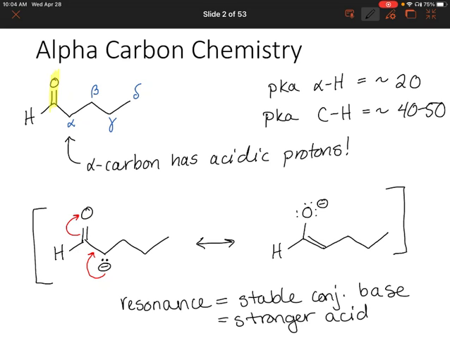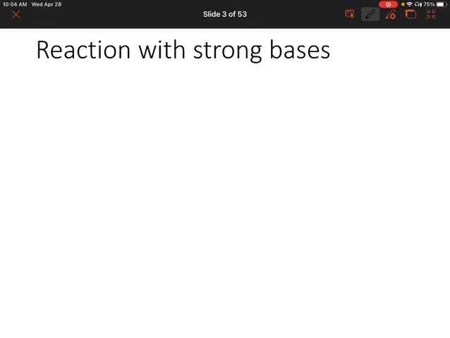All right, let's look at some of the reactions that we could perform at the alpha position. We'll see that we're going to form either an enol or an enolate, depending on what we react the alpha position with. Let's start by reacting the alpha protons with a strong base. Let's look at acetone here.